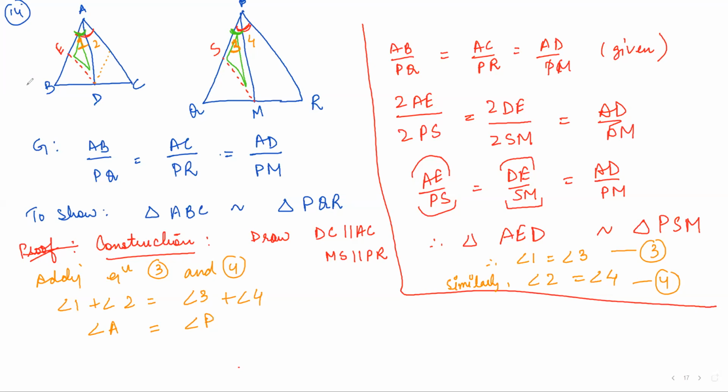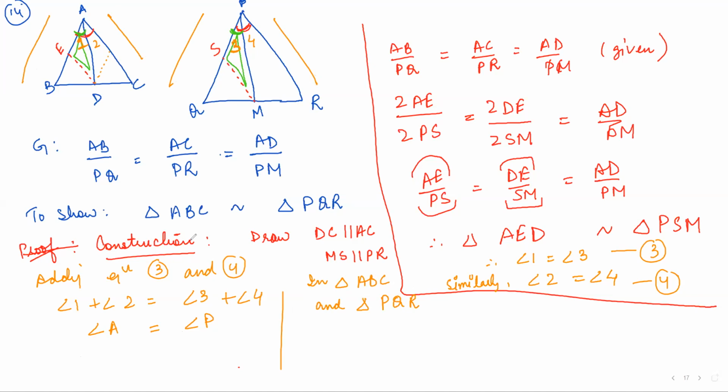Now it was already given, Sarah, that this side is proportional to this, right? And this side is proportional to this. Now we have shown that angle A is also equal to angle P. So SAS criteria, these two triangles are similar, right? Yes, ma'am. We will write in triangle ABC and triangle PQR.